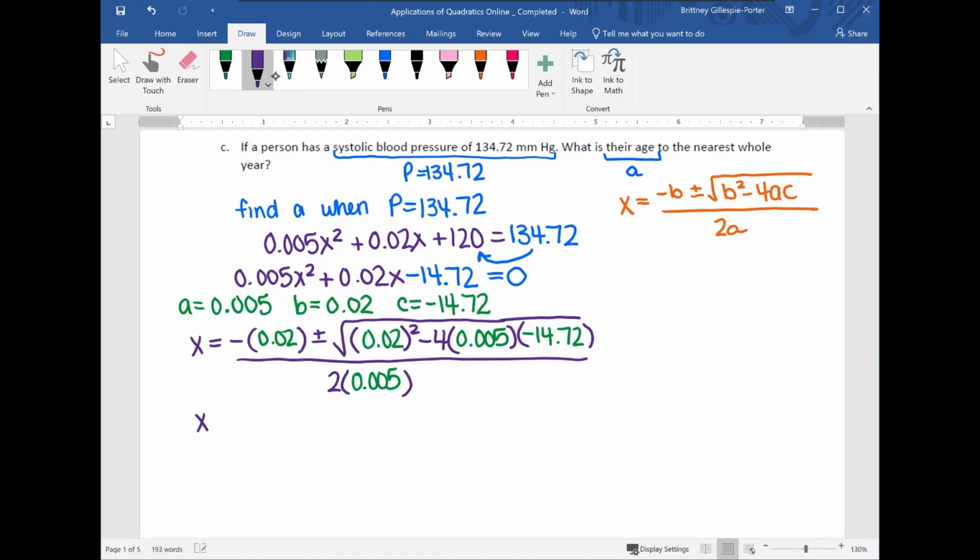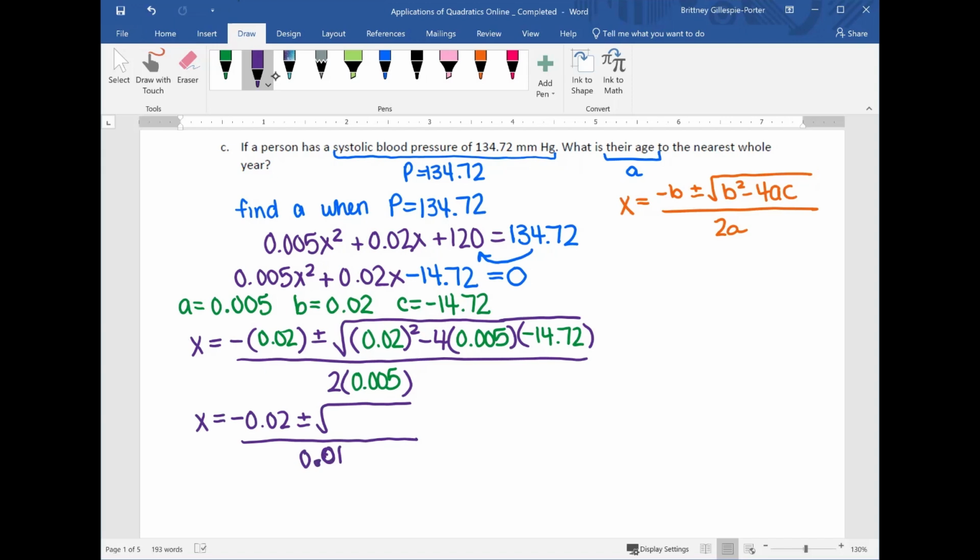Start simplifying stuff down. We're going to have negative 0.02 plus or minus the square root, all over 2 times 0.005, which is 0.01.